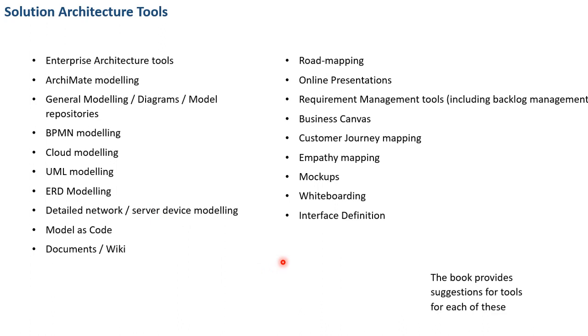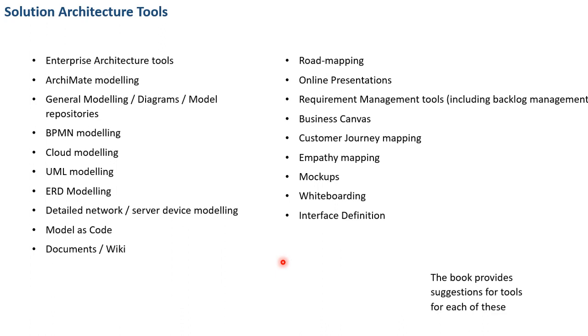Okay, so as you can gather, there are lots of elements to a solution architecture, and not surprisingly, there are lots of tools you can use in creating and delivering one. I've got a big table in the book of suggested tools. These are just my suggestions based on my experience.